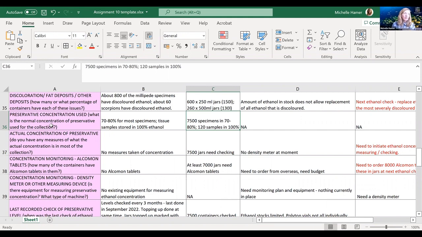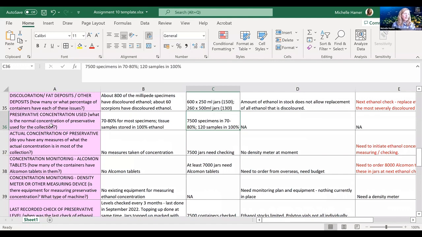So do you measure concentration? Check. And for that, you need a density meter. I don't think that there's other tools to measure, but you can also monitor.